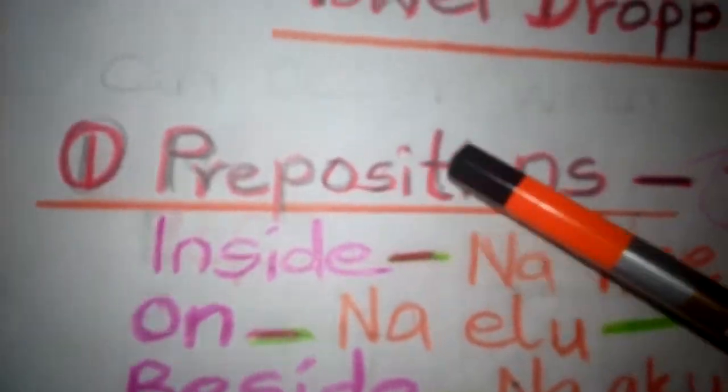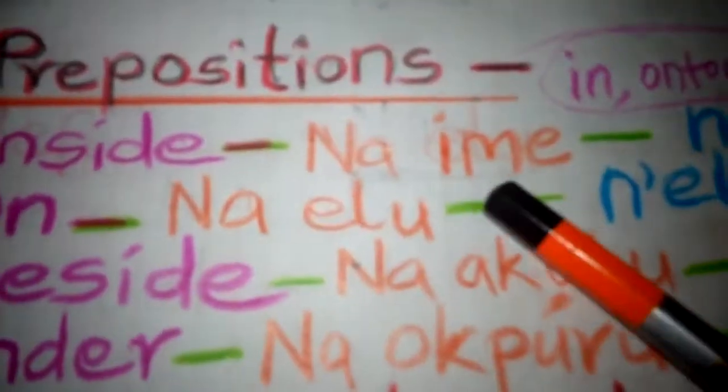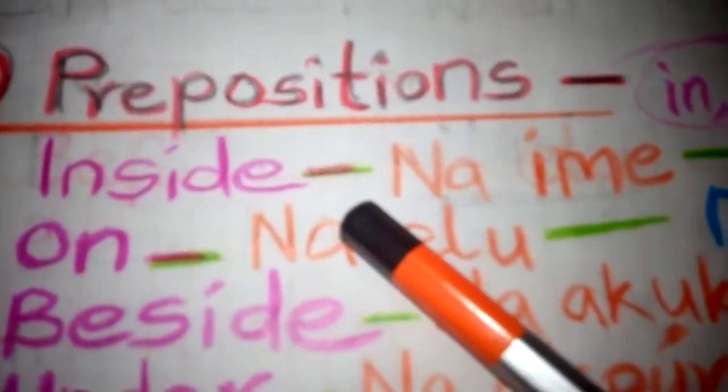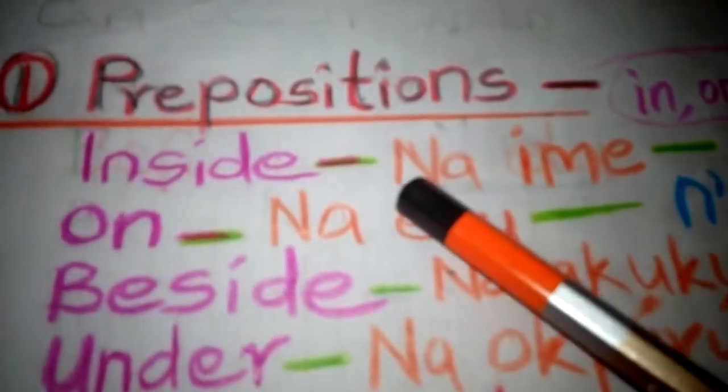The preposition, you know what a preposition is; I will teach you in another video. Prepositions are words like in, on top, above, beside, inside, under. In Igbo language, inside is na ime.